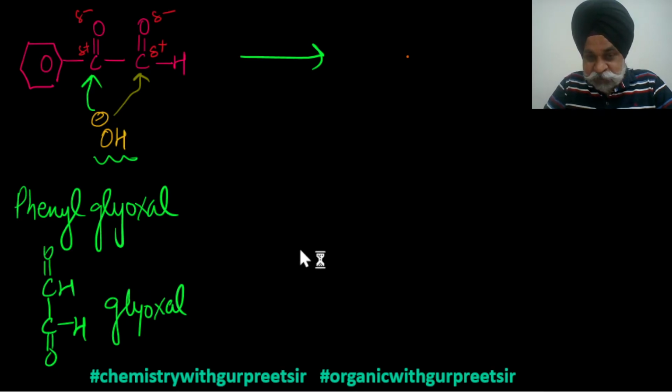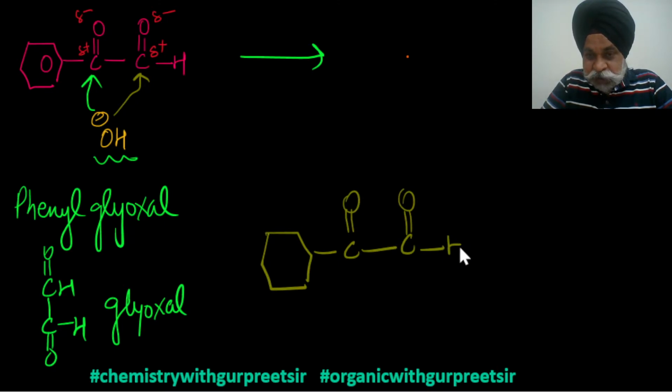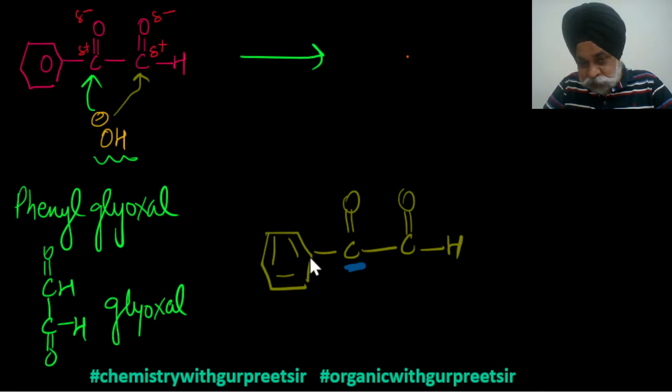Now we have to see which one is having more polarity. If I write once again for you and show you which would have more polarity, obviously the carbon which is adjacent to the phenyl group would undergo resonance, and if it undergoes resonance, what we have basically done is decrease its delta positive charge.